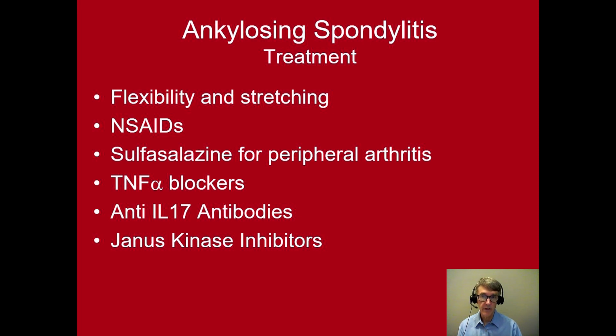Likewise, if there's the use of any of the biologics or the JAK inhibitors, I'll watch for side effects of those. I'll monitor for complications of the disease, and specifically we watch the lung for fibrosis, and the aorta for incompetency, which would imply there might be an aortitis.